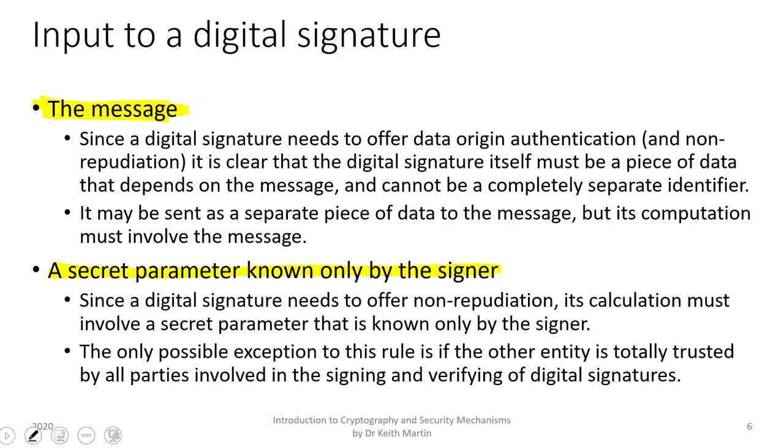So, if the signature was created using a secret that is only known to me, then I cannot claim at a later stage saying I didn't place that signature. Because it is a secret only known to me, the signature must have come from me.